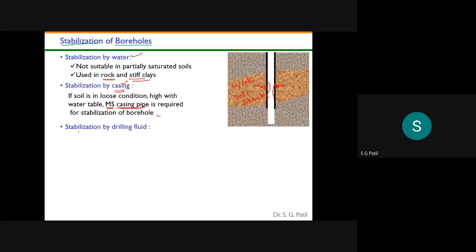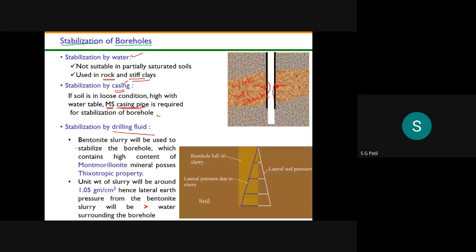And what is the third way of stabilizing the borehole? You can use some drilling fluid. What is that drilling fluid? Bentonite slurry will be used to stabilize the borehole, which contains a high content of montmorillonite. I think you already studied this clay mineralogy in your fifth semester basic geotechnical engineering. Montmorillonite clay is a highly reactive clay.